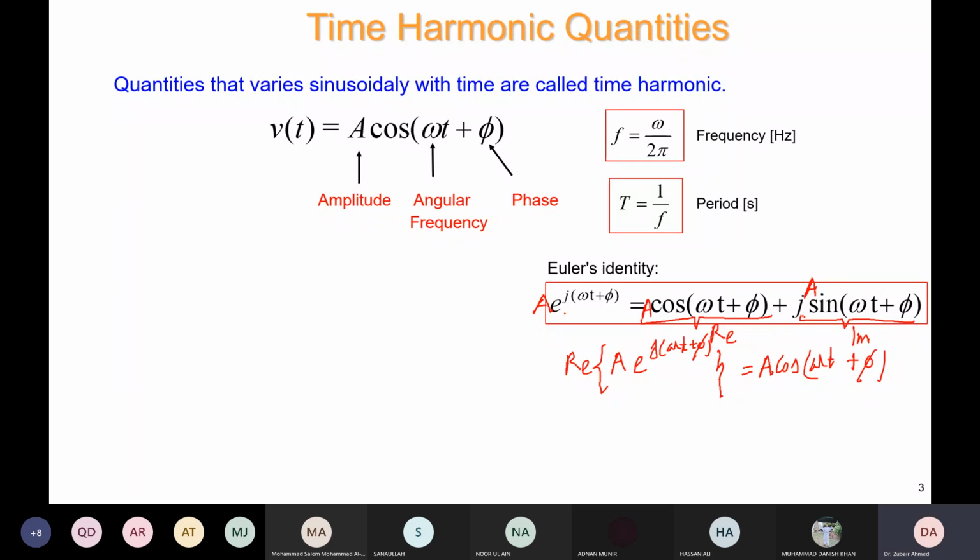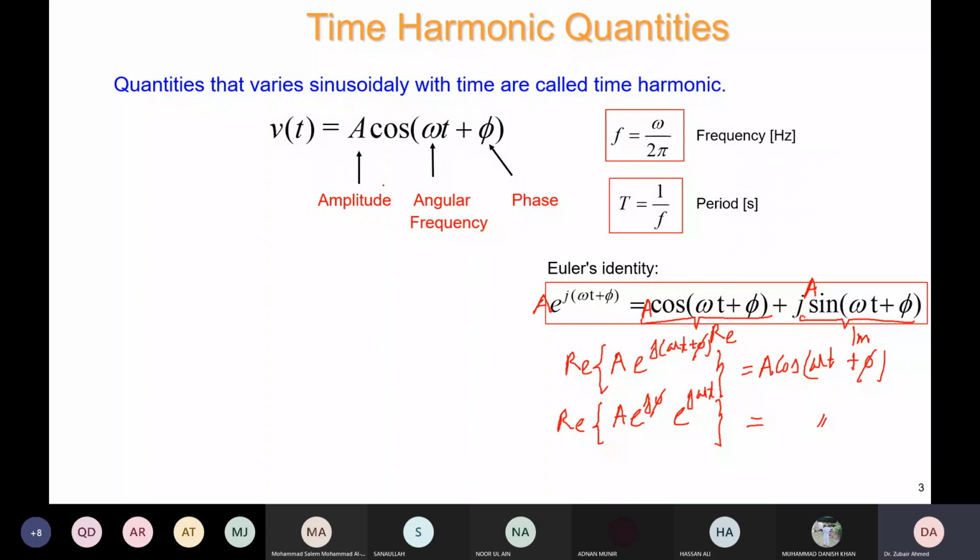So this was the real part of this quantity, and we write it like this. I can also write it as A exponential of j phi times exponential of j omega t. Obviously this is equal to the instantaneous quantity.